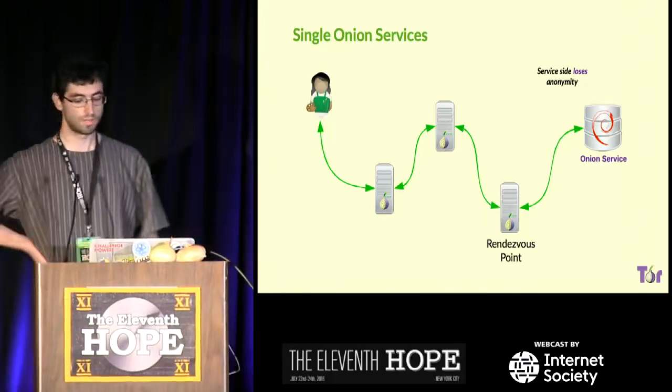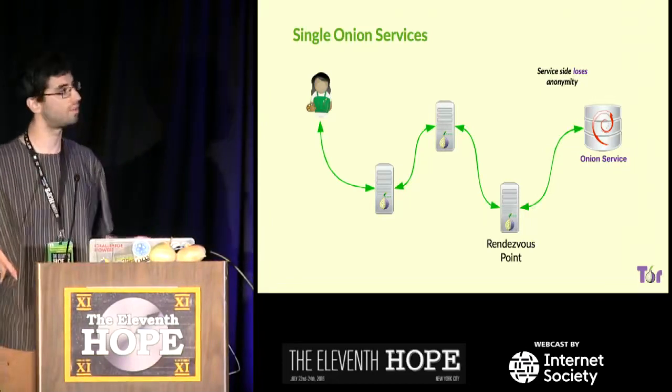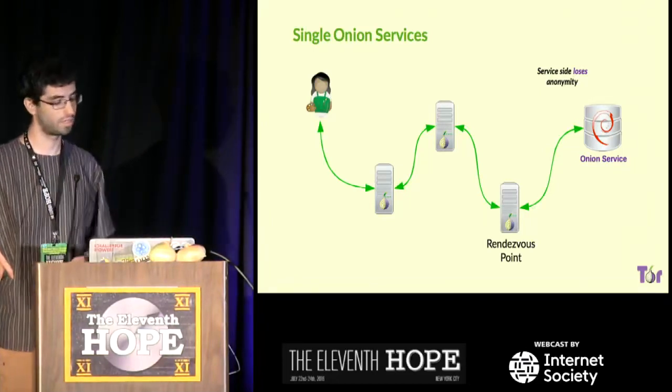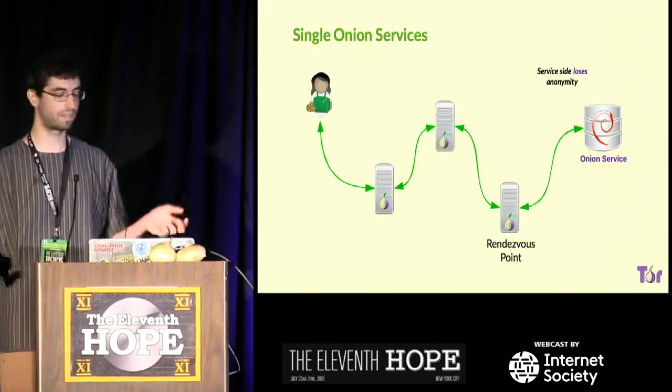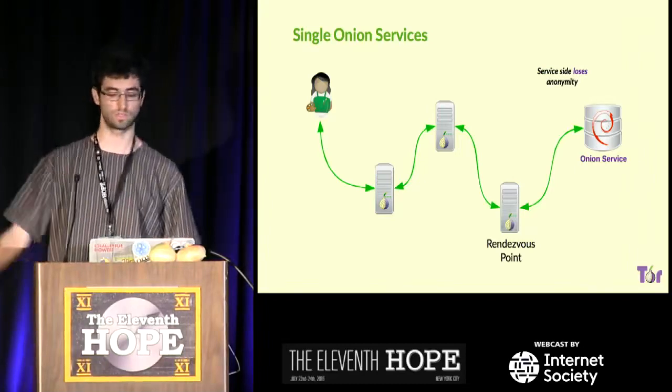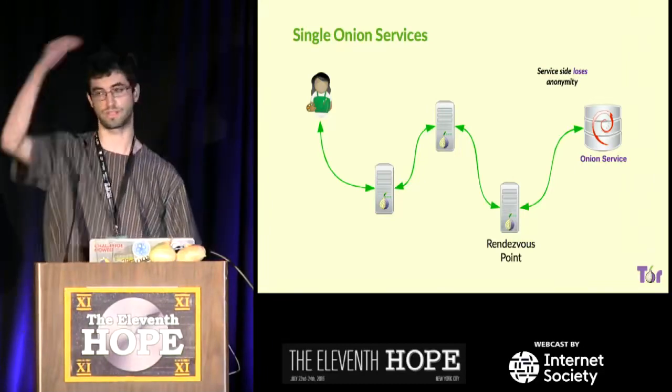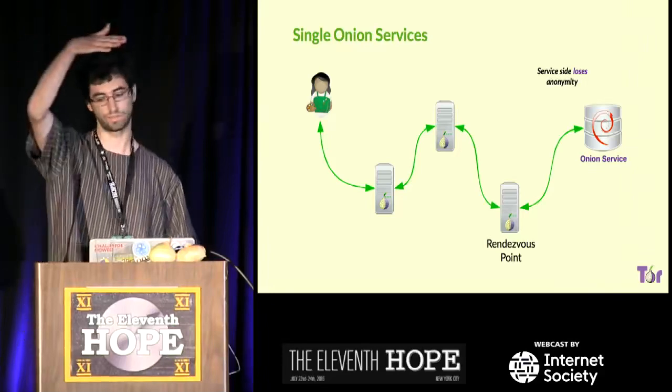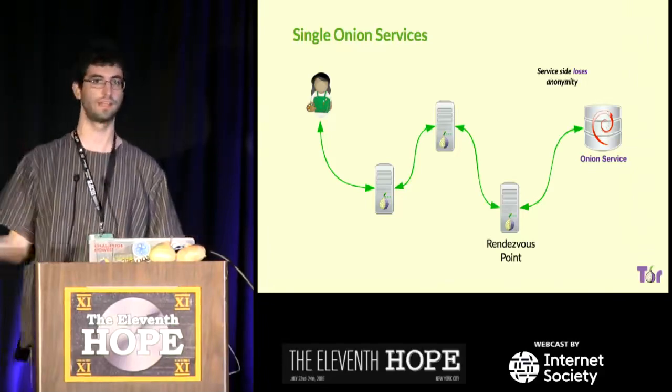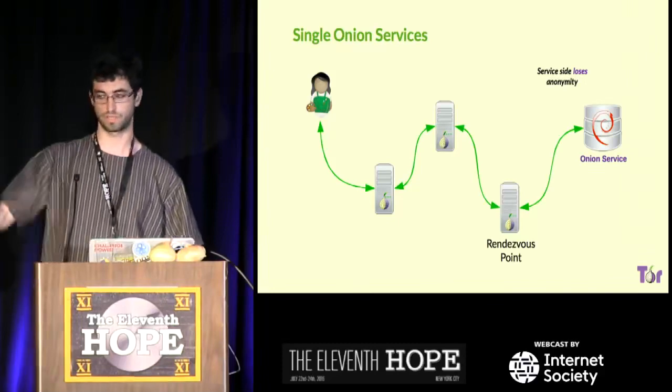For such an onion service, it does not need to have a 3-hop circuit. It can just connect directly to the rendezvous point and get better performance, because it doesn't do 3 hops.